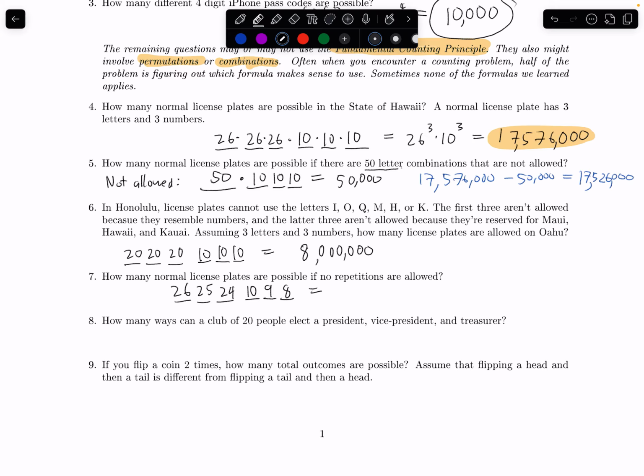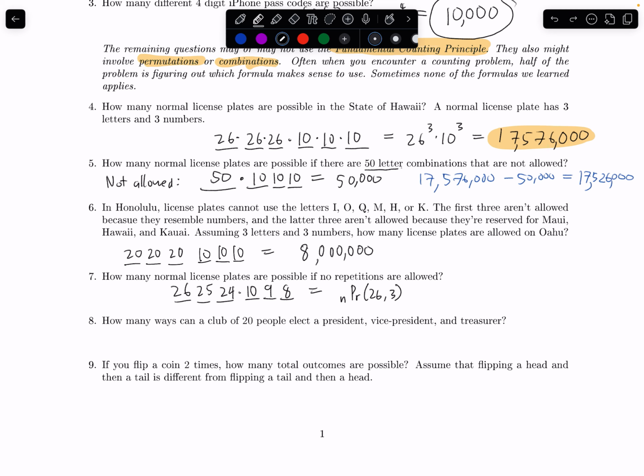But what did we just do? Check this out. This number here, 26 times 25 times 24, is the number of ways to take 3 letters and permute them. This is actually 26P3. If you remember back to when we first learned permutations, that was the formula.